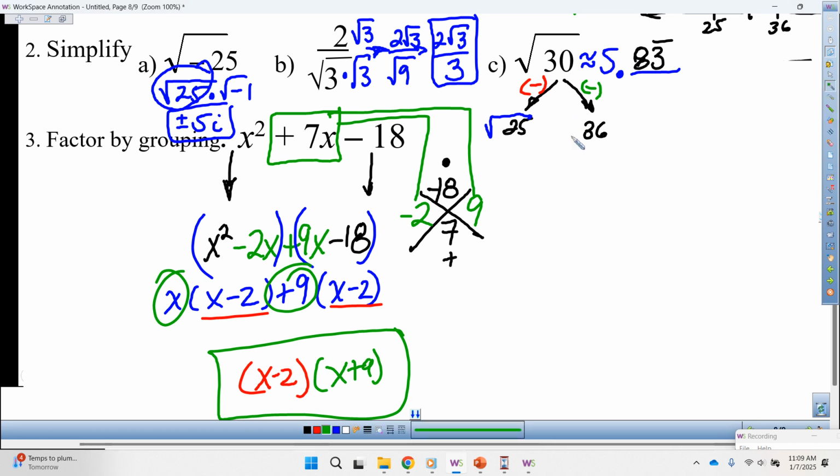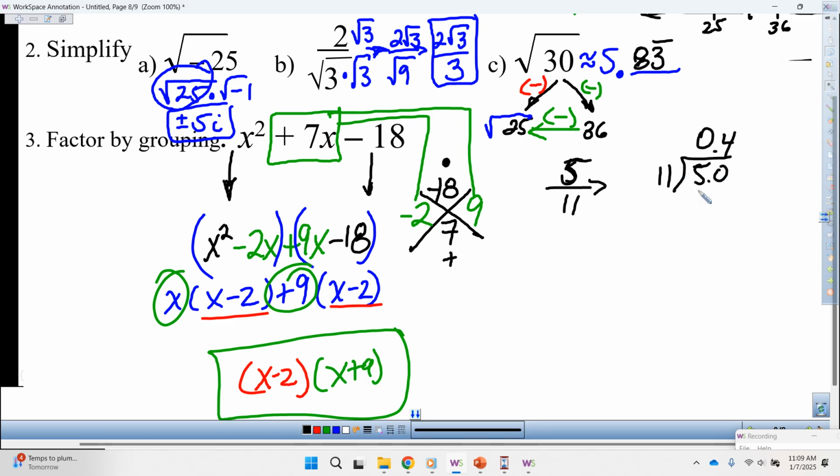For this one it was 36 minus 25. My bad. So we end up with 5 over 11. Is that correct? Yes. So therefore, 5 divided by 11. That's 4, 44. 6.